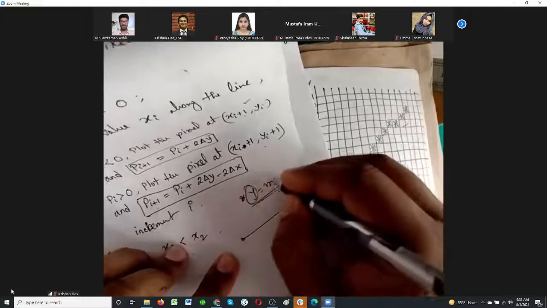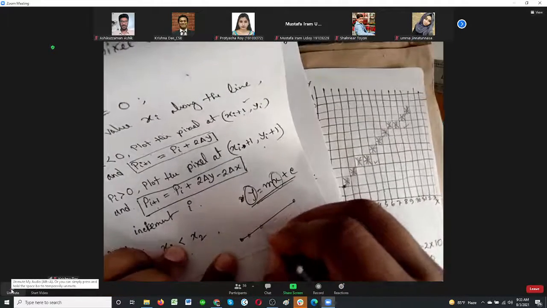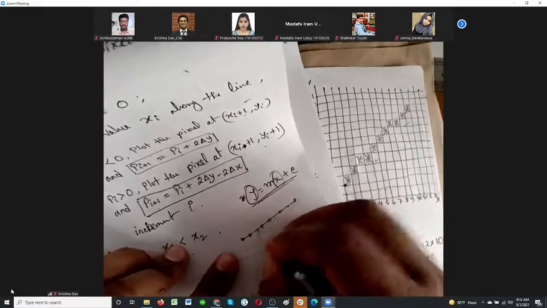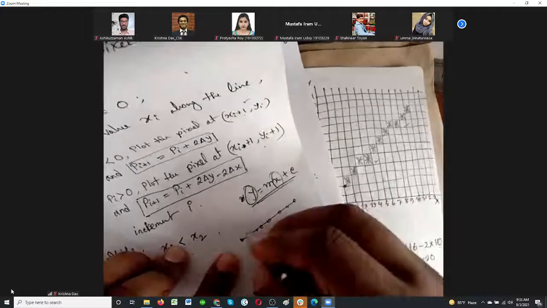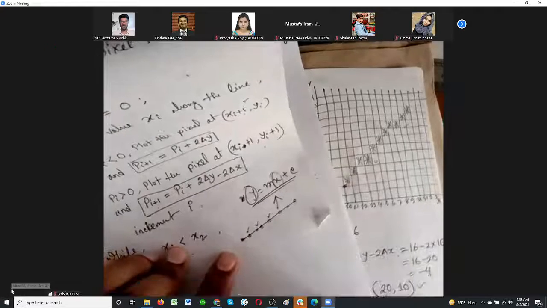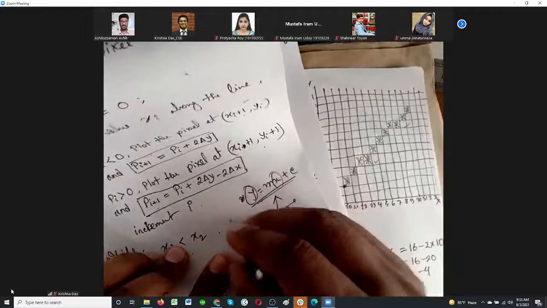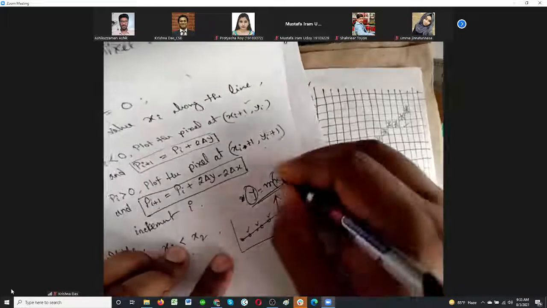The variables x and y indicate any point on that line, so every point on that line satisfies the equation, right? And every point on that space has an x and y coordinate value.